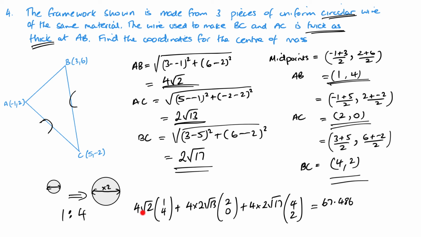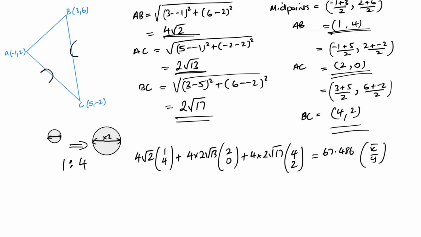So all I've done here is add these three together. And I'm going to store this in my calculator, and of course it's X bar, Y bar. And that gives me 195.285, carries on. This is obviously now before I've divided by my 67.486, etc.